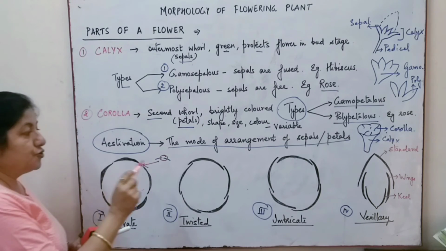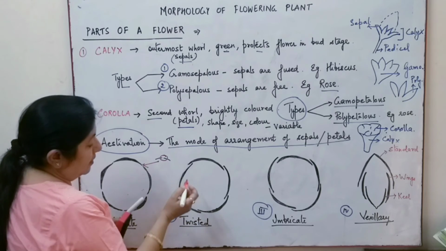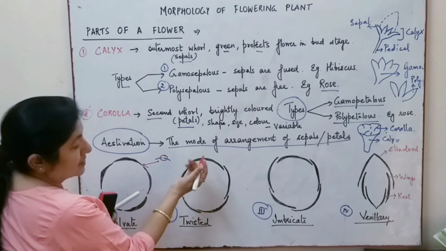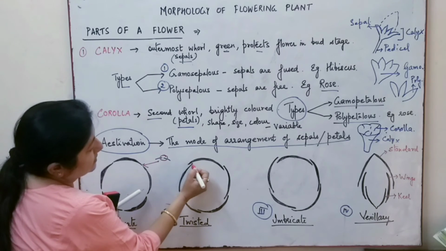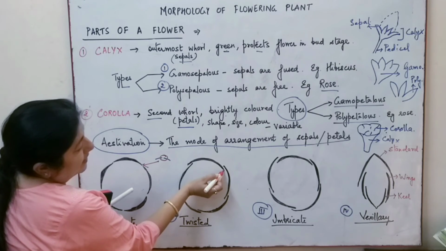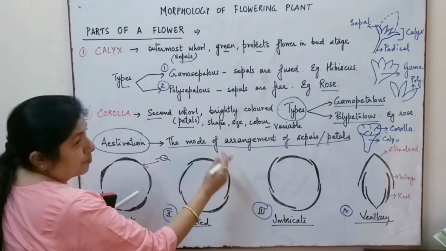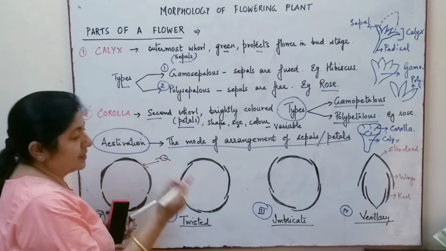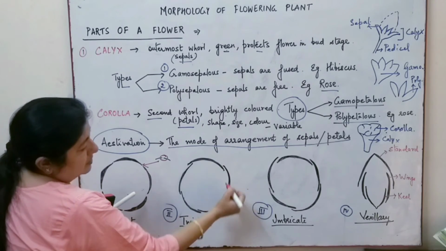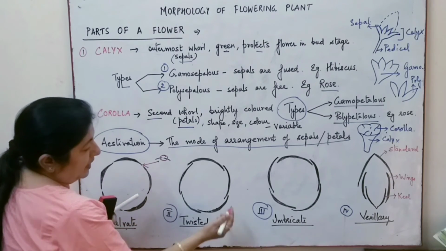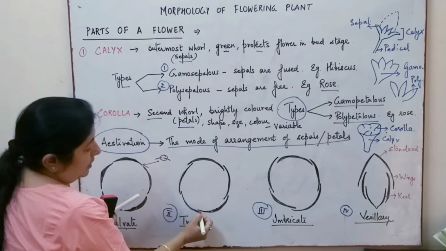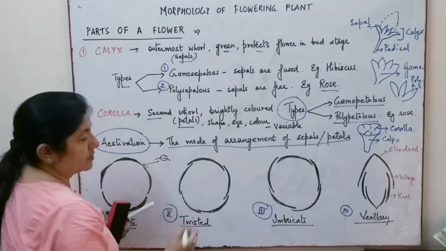Let us come to the next one. Here the arrangement is slightly different. In the sepal or petal, one side remains outside while the other side goes in. It moves in a clockwise direction. So the next petal will have one side outside and the other end inside, same as this one. Same way over here, same way over here.